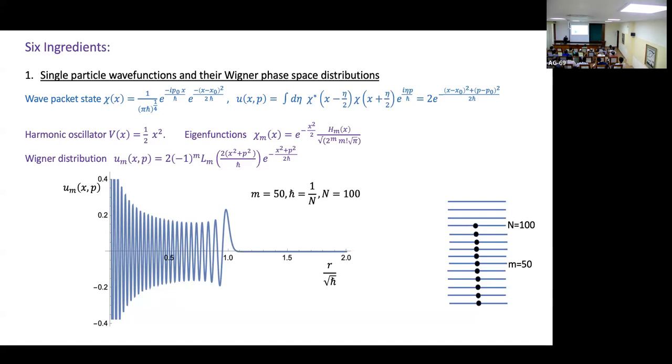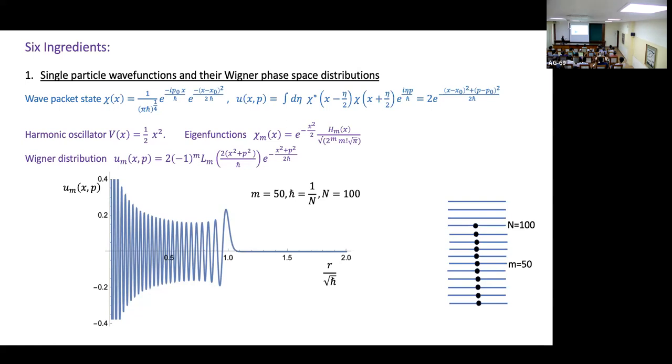This is the construct that was introduced by Wigner to describe a phase-space density or phase-space trajectory of particles. If you start with a wave packet state, which has a certain mean momentum and certain mean position, then the phase-space density is actually some peaked thing at x0, p0.